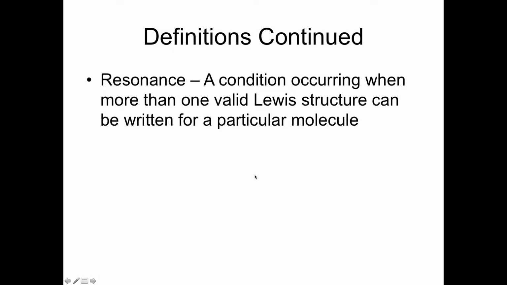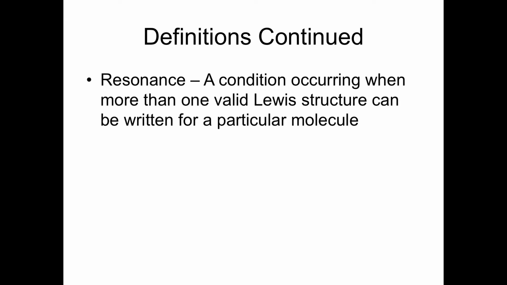There's also going to be a term called resonance structures. Basically, it's a condition occurring when more than one valid Lewis structure is possible. And that's actually a good thing for you guys, because certain molecules can be drawn different ways.